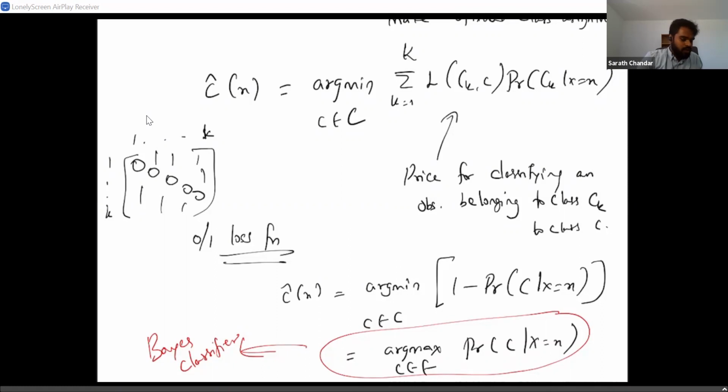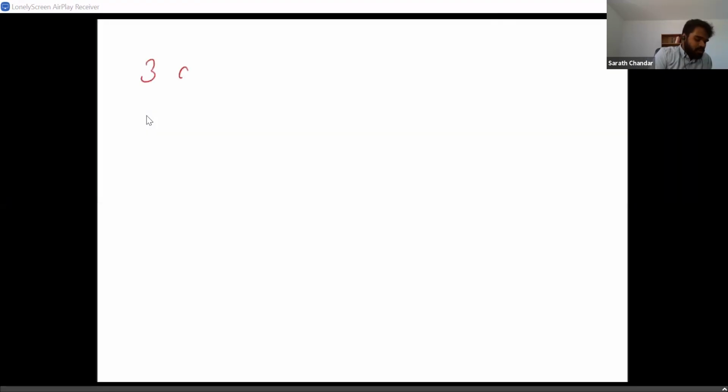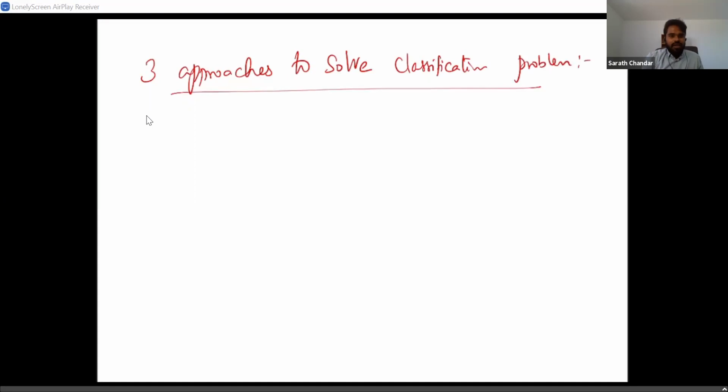Now there are at least 3 approaches to solve classification problems. For today's lecture, we would just try to go through these 3 types of solutions, but we are going to see example algorithms for every approach in the next few lectures.